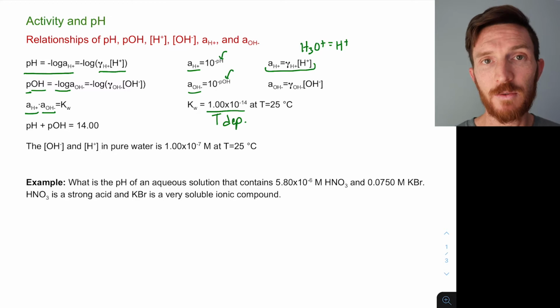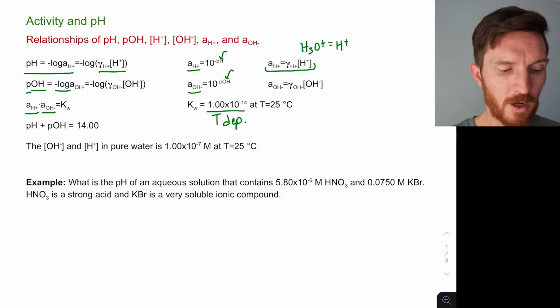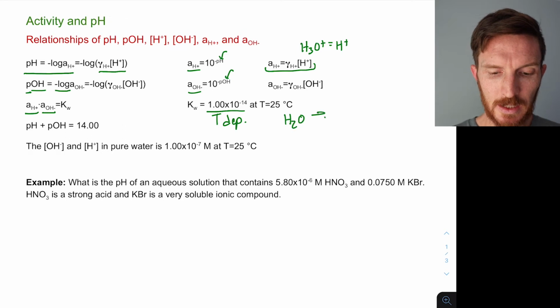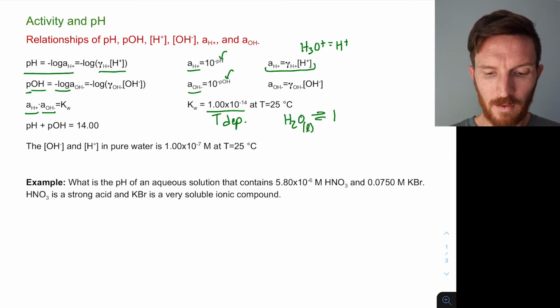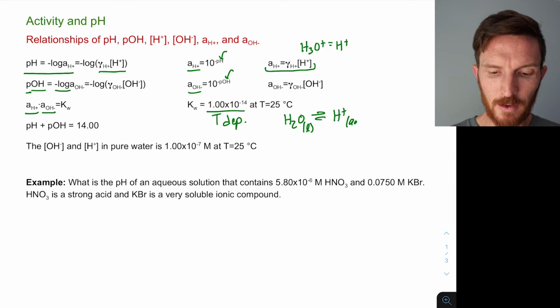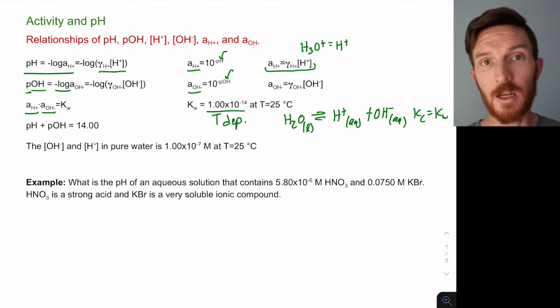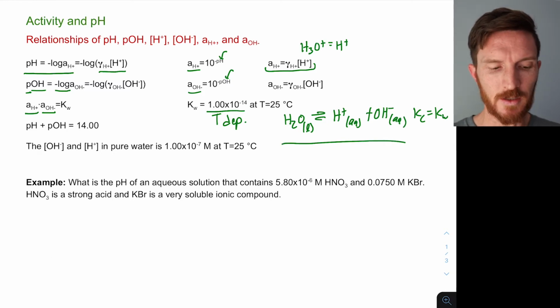But if we have a temperature of 25 degrees Celsius, that's the equilibrium constant we can use. Again, remember that's the equilibrium where we have water undergoing auto-ionization into the hydronium and hydroxide ions. Our equilibrium constant for that reaction is our Kw, our water auto-ionization constant.